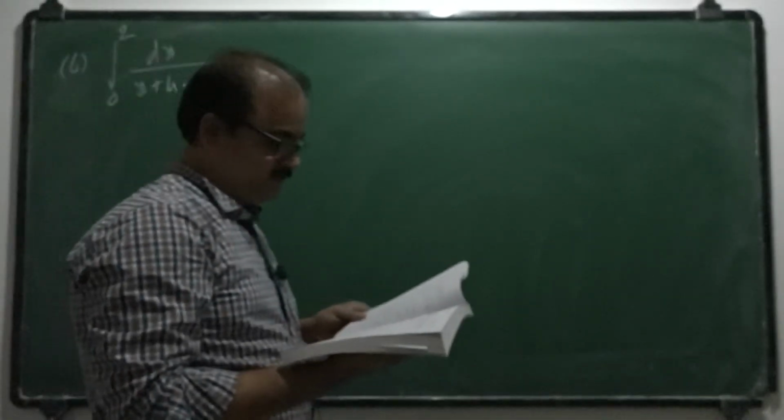Next, integral 0 to 2 dx by x plus 4 minus x square.